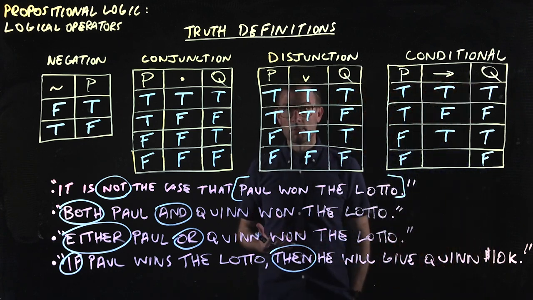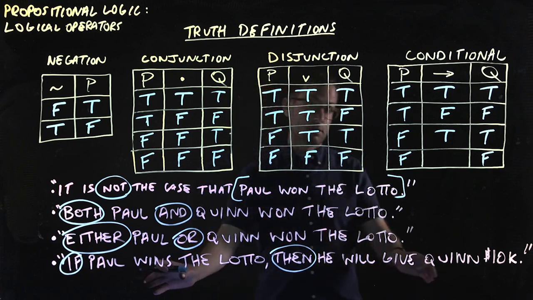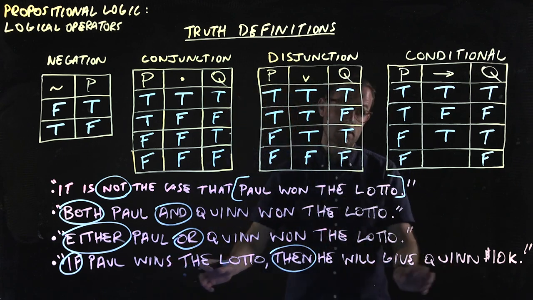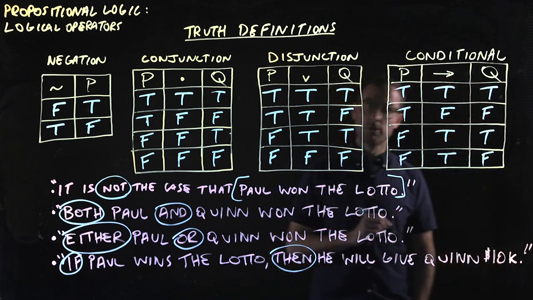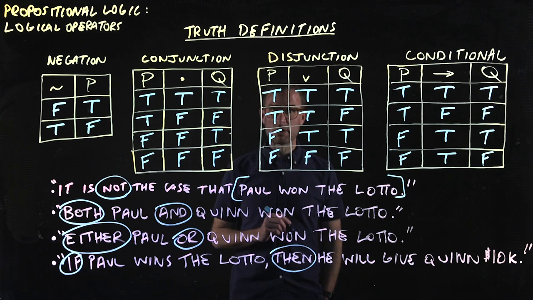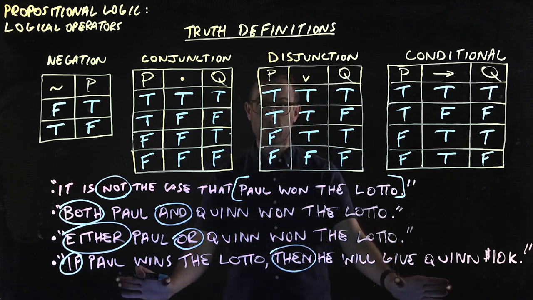Has Paul broken his promise? No. He can only break the promise if it's true that he wins the lotto and he doesn't give Quinn the $10,000 as promised. So that's actually a true sentence. It's a true proposition, right? Because the condition here has not been violated.